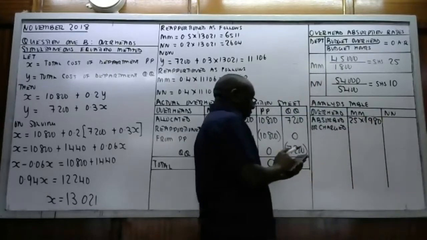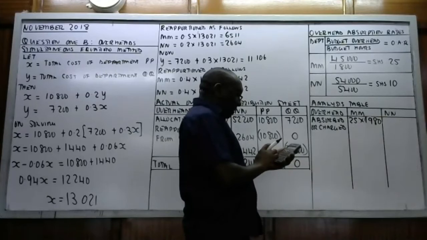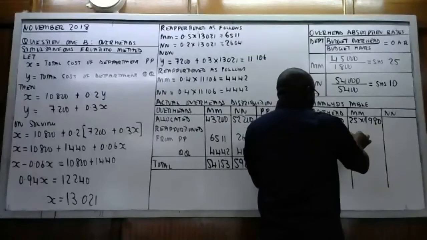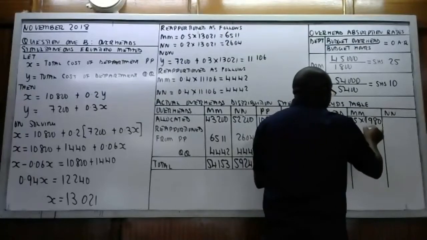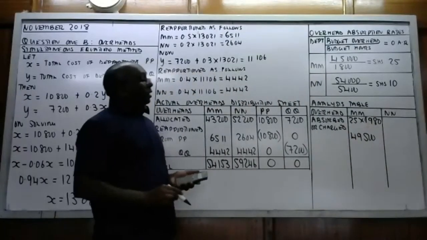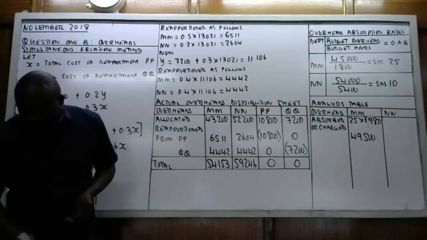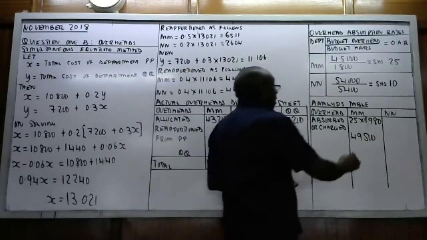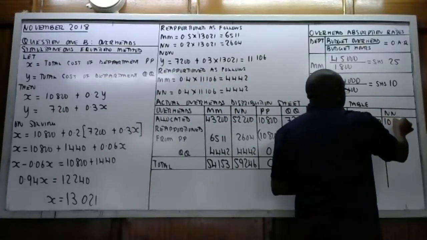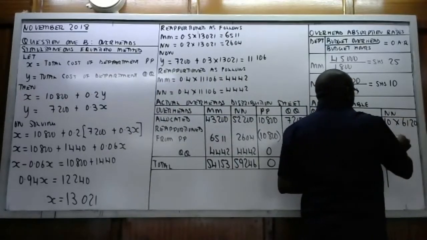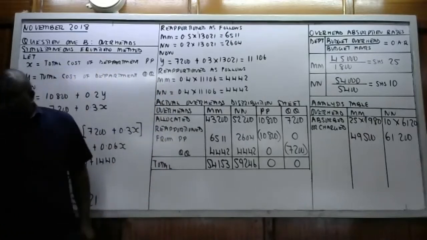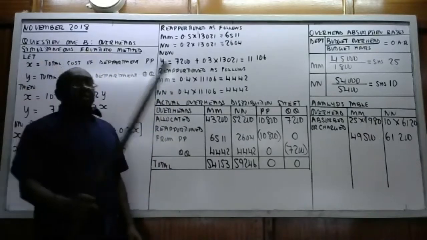So when you multiply 25 by 1980, the answer is 49,500. You go to NN, do the same. The OER is 10 times 6120. So this is 61,200.